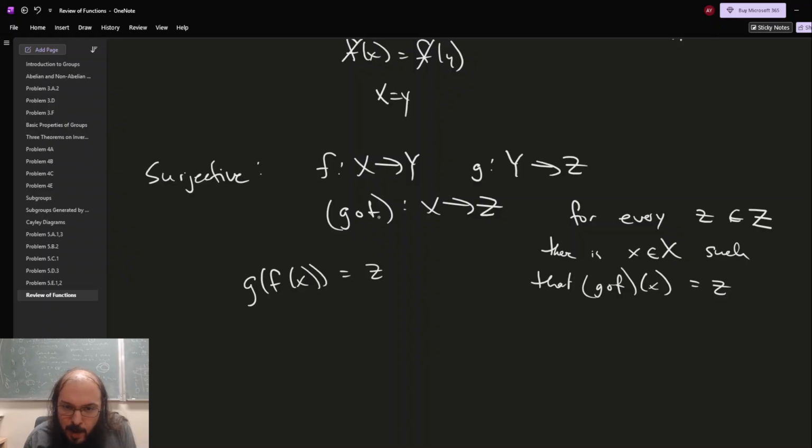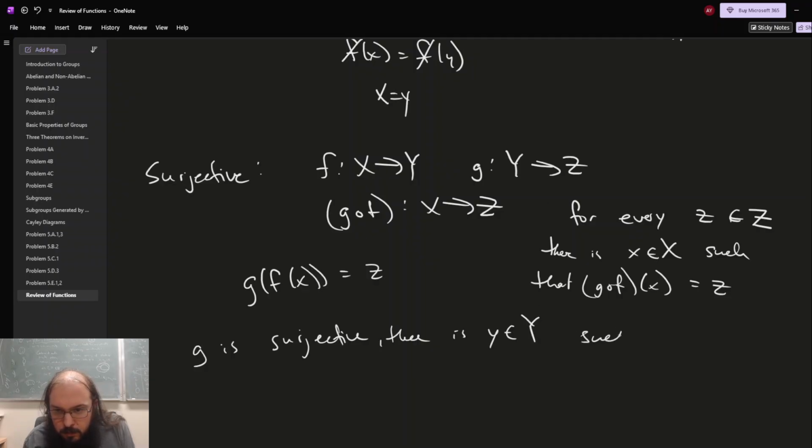Unraveling the composition notation, the crucial bit is that since g is surjective, there is a y in big Y such that g of little y equals little z.